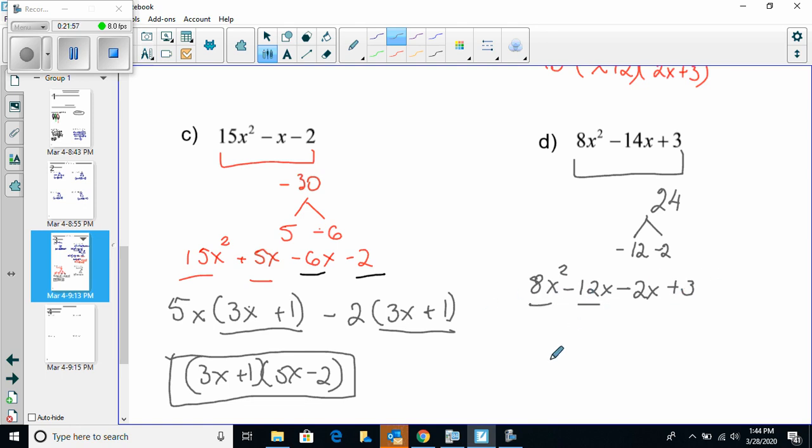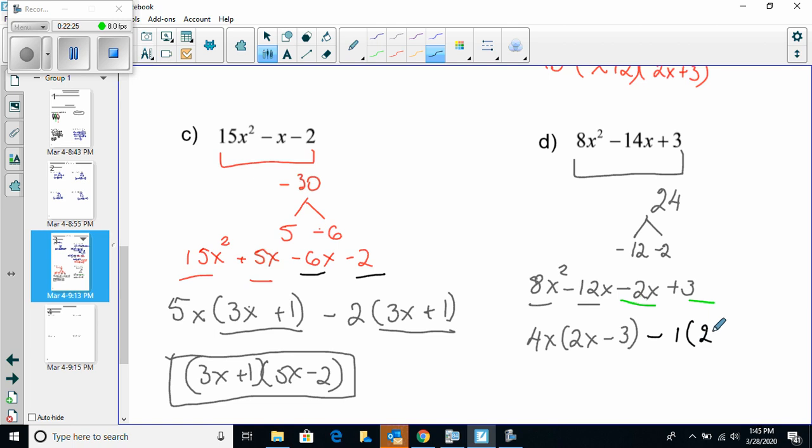Between those two terms, what is common is 4x. So you will have 2x minus 3. Between those two other terms, what is common is negative 1.